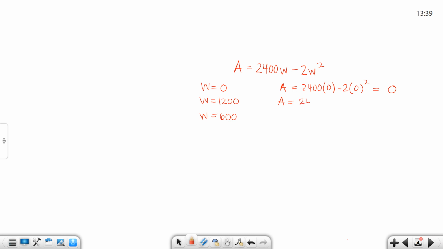Area equals 2400 times 1200 minus 2 times 1200 squared. Okay, so let's plug that into our calculators and see what we get. 2400 times 1200 is 2,880,000.